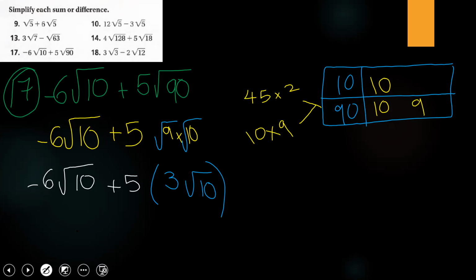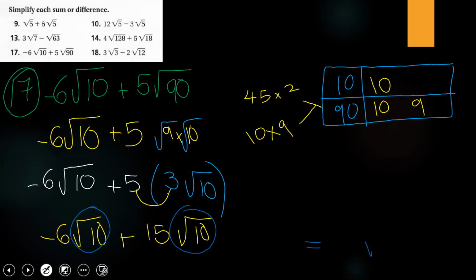Let's now write them here as 5 times 3, it is 15 square root of 10. And here we have negative 6 square root of 10. Now the numbers under the radical are the same.